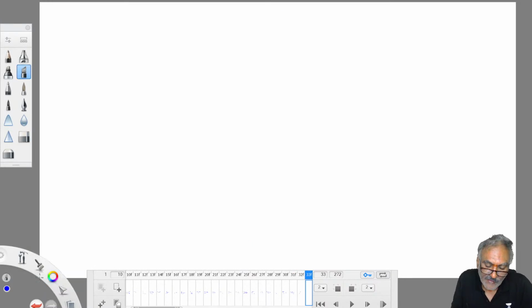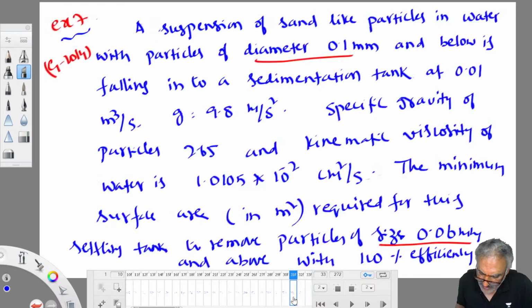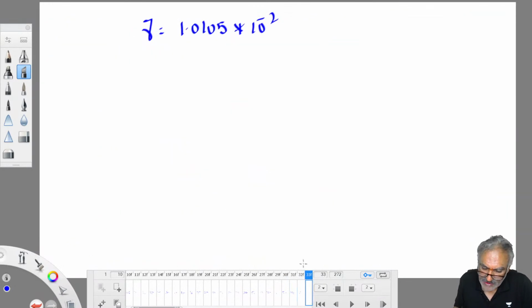Okay. So kinematic viscosity is given as 1.0105 into 10 power minus 2 centimeter square per second. So I am converting this into meter square per second.